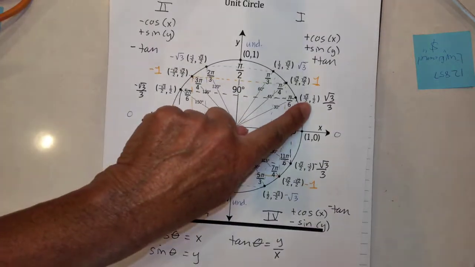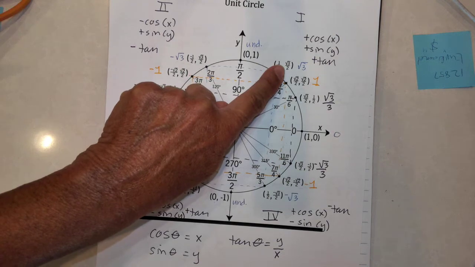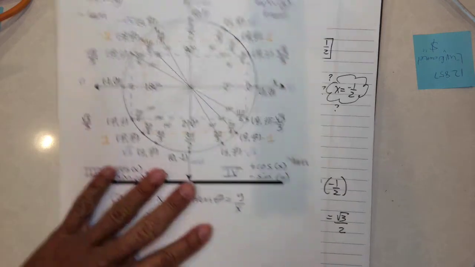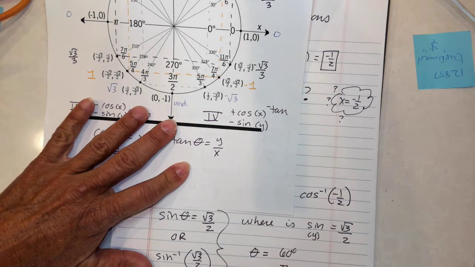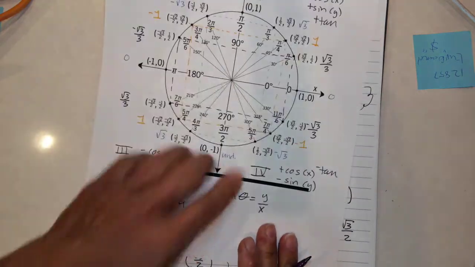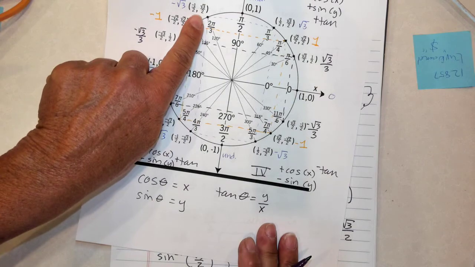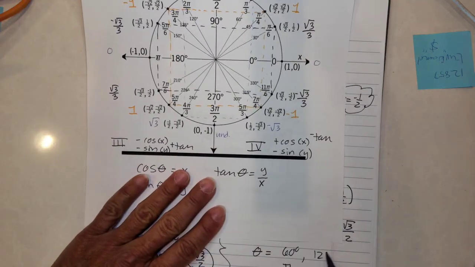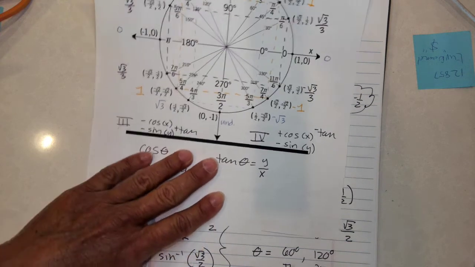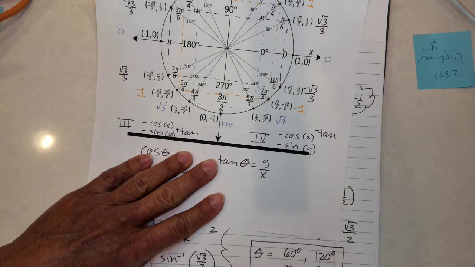I'm looking for y's to be root 3 over 2, so that's the first spot I see. So 60 degrees or pi thirds are going to be my first set of answers. Then I keep going and I find another y value right here that's root 3 over 2 at 120 degrees, or 2 pi thirds. So those would be my answers.